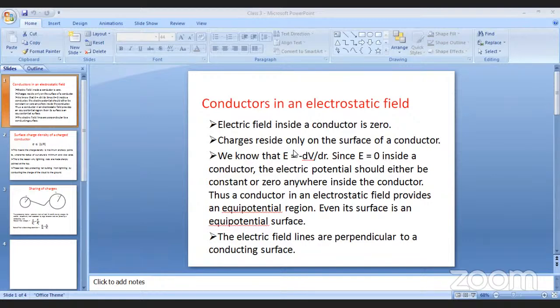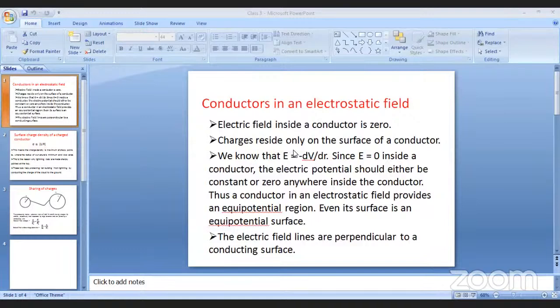Due to the channeling of the various free electrons inside the conductor, there will be some induced electric field inside the conductor, and what will happen in course of time?